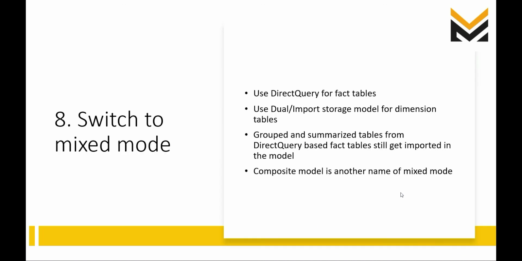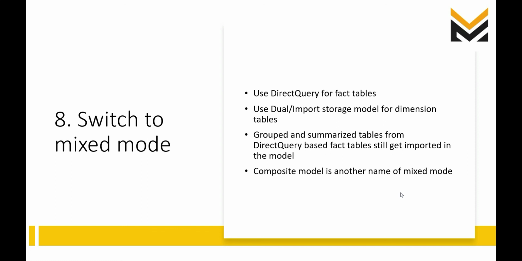After this, the eighth technique is to switch to mixed mode. As you know, if one of the tables you have contains a huge number of rows and its model size is large, then you can switch it to DirectQuery storage mode. Particularly in the case of a star schema or snowflake schema, the fact table usually contains transaction data, like daily transaction data.